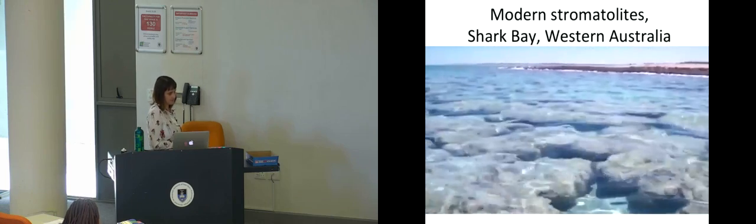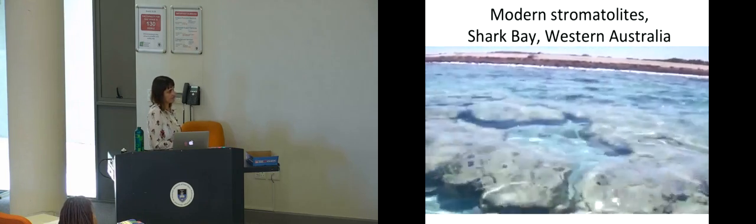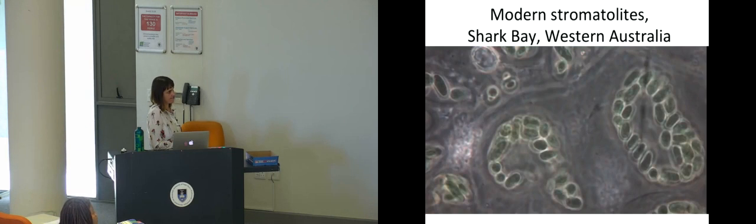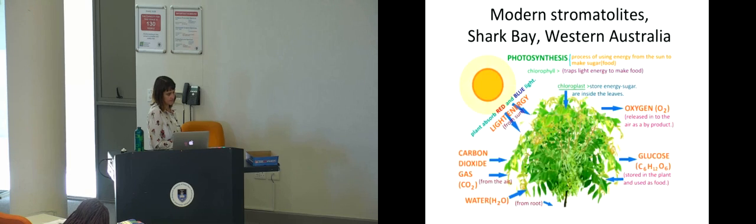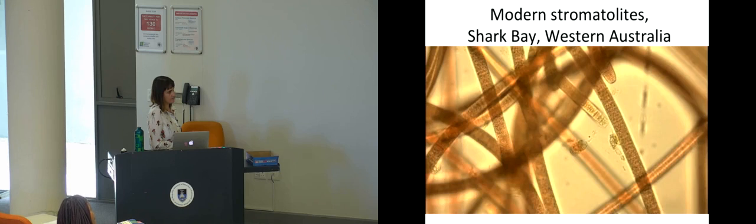Why should you care about stromatolites? Well, one of the most prevalent microbes in living stromatolites are cyanobacteria. Cyanobacteria are microbes that feed off the sun using a metabolism called photosynthesis, just like plants. One of the most important characteristics of cyanobacteria is they provide much of the oxygen we breathe.